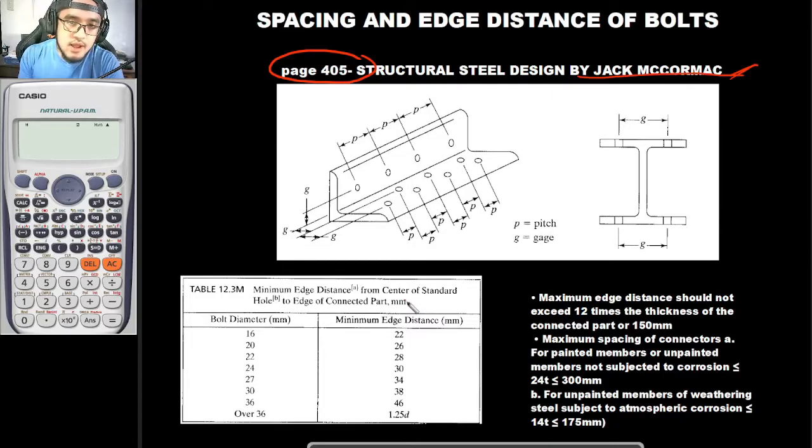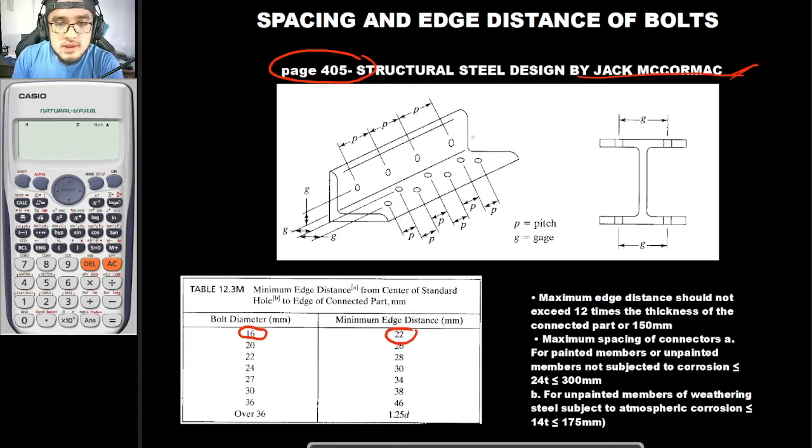So suppose that in your system, this is to be your connection, and you are to use 16 bolts, which is this one right here. The minimum edge distance from the center of the bolt to the edge of your member is to be 22.